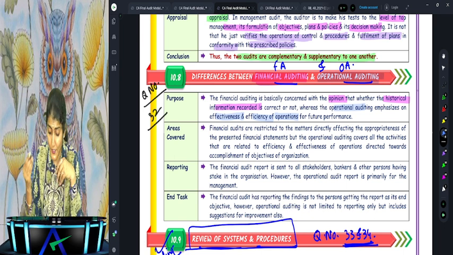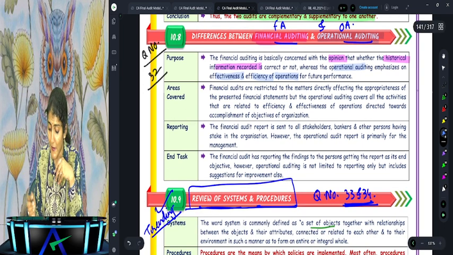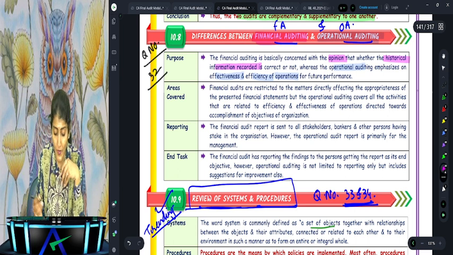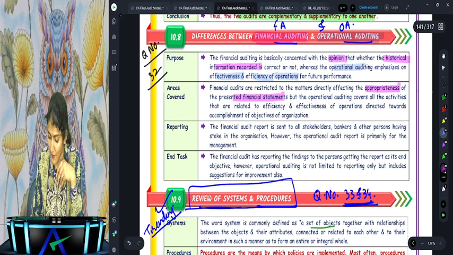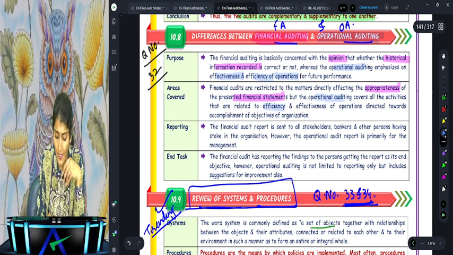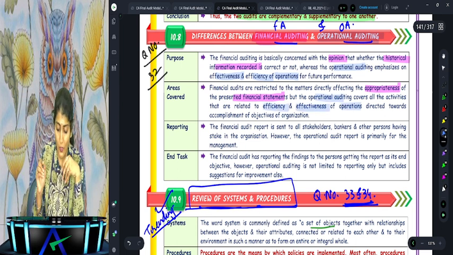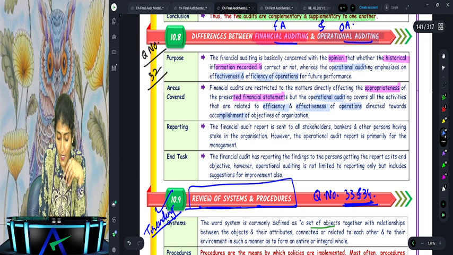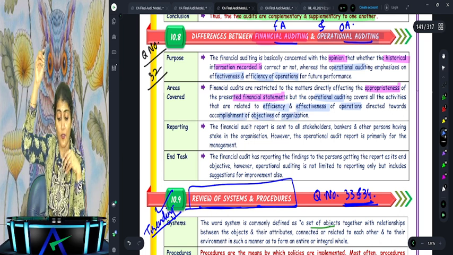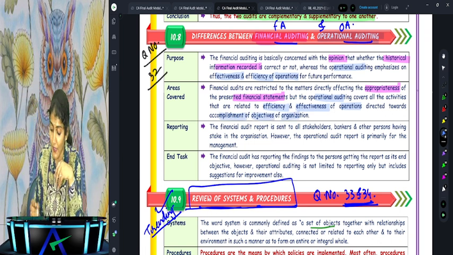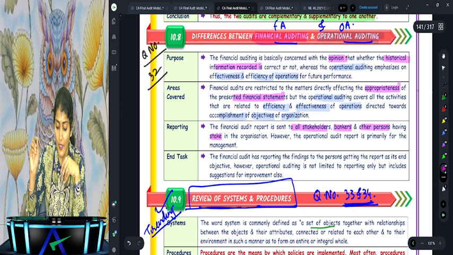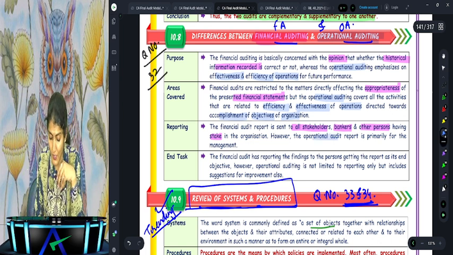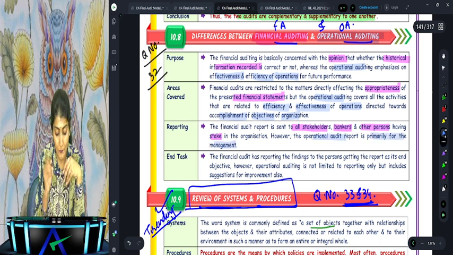Then financial audits are restricted to the matters directly affecting the appropriateness of the presentation of the financial statements, but the operational audit covers the efficiency and effectiveness of the operation directed towards the accomplishment of the objectives of the organization. Then financial audit report is sent to all the stakeholders, bankers and other persons having the stake in the organization, whereas operational audit report is primarily for the management.